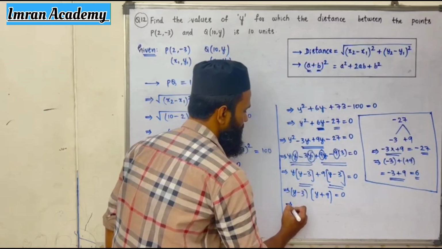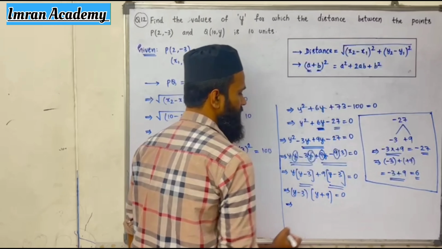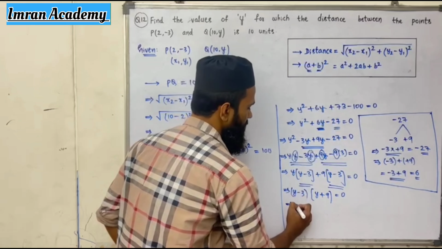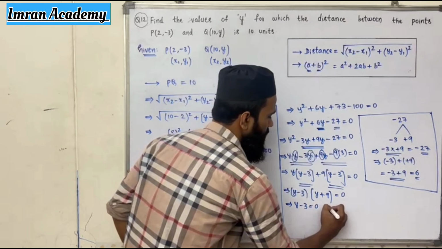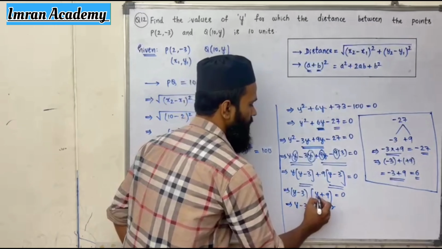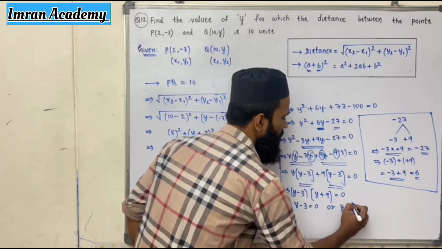That implies here make individual terms as 0. That is y minus 3 is equal to 0 or y plus 9 is equal to 0.